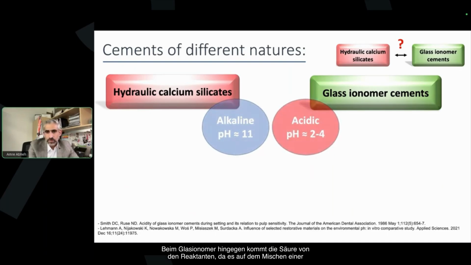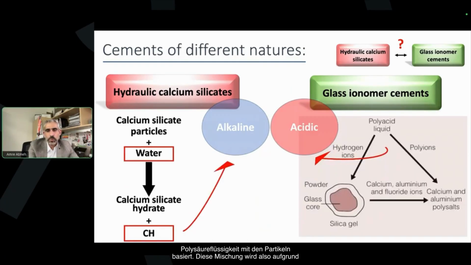These two different natures come from the chemistry of these materials. The alkalinity of the hydraulic calcium silicates comes from the production of calcium hydroxide. Once the particles of these cements are mixed with water, in what we call a hydration reaction, it will produce calcium silicate hydrate and calcium hydroxide.